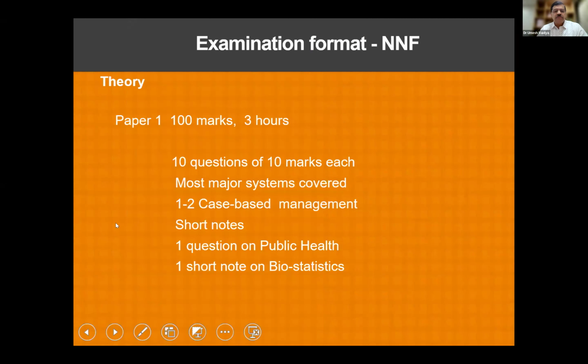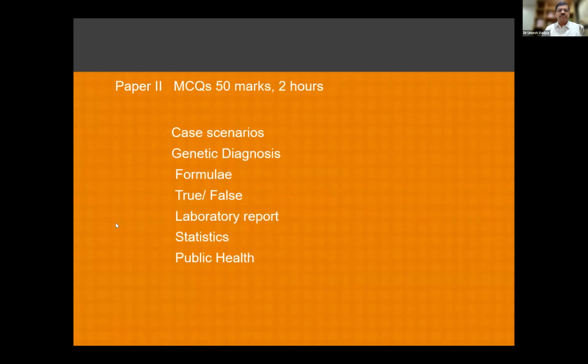You have 10 questions of 10 marks each. Most of the major systems are covered. One or two questions will be on case-based management, and sometimes there is a short note on public health and one short note on biostatistics. When you are preparing, make sure you read a little of these. Those questions are rather simple, but you should be prepared to answer them.